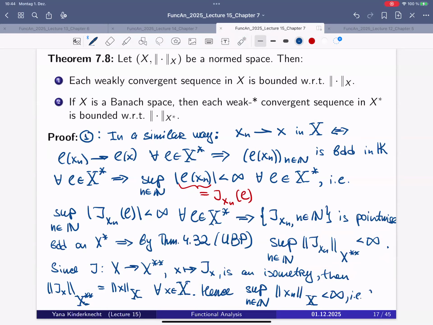That is, the sequence is norm bounded. This is what we wanted to show. So again, we have used the uniform boundedness principle and played with passing from x to its image in this bidual space.